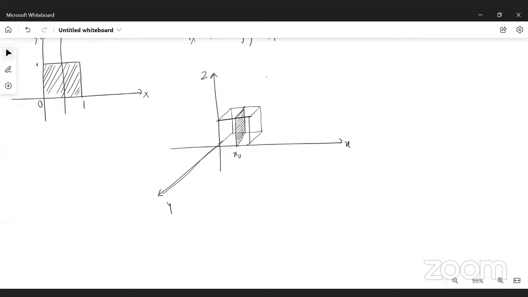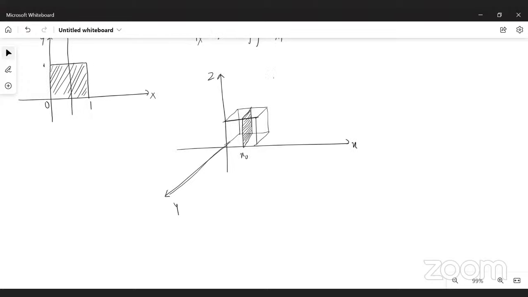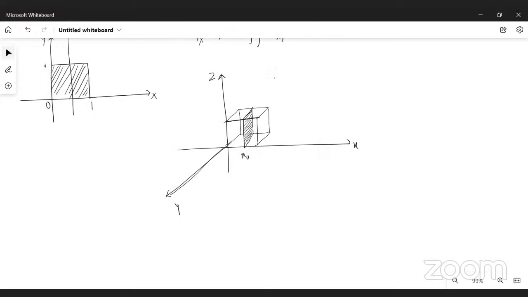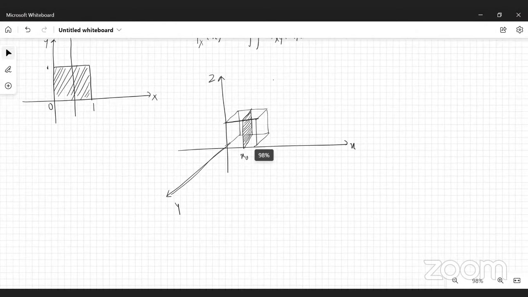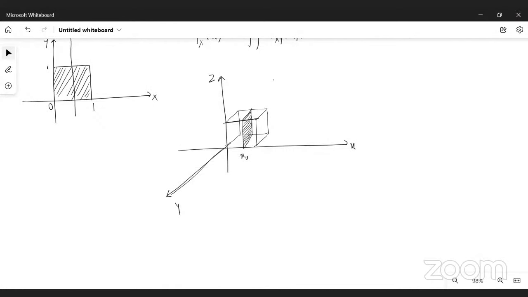Yes. I couldn't hear. You're talking about the sheet at x naught, right? Yes. So is the picture clear, correct? Yeah, that's clear. Okay, picture is clear. So this is what we had meant by slicing the region.